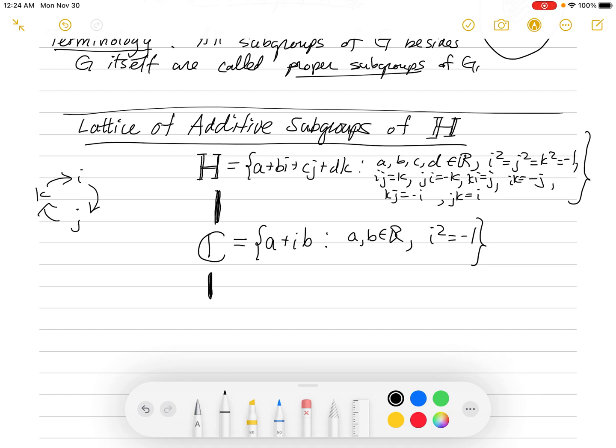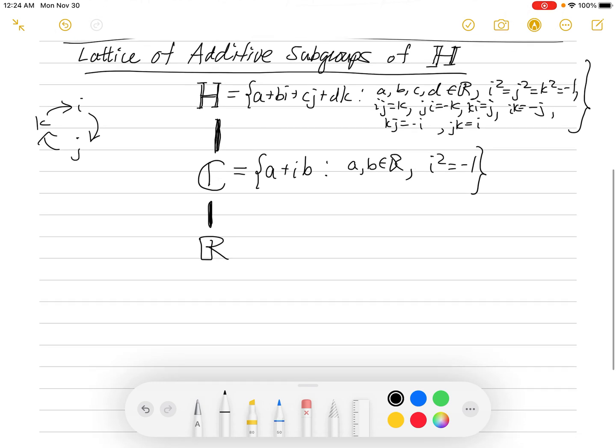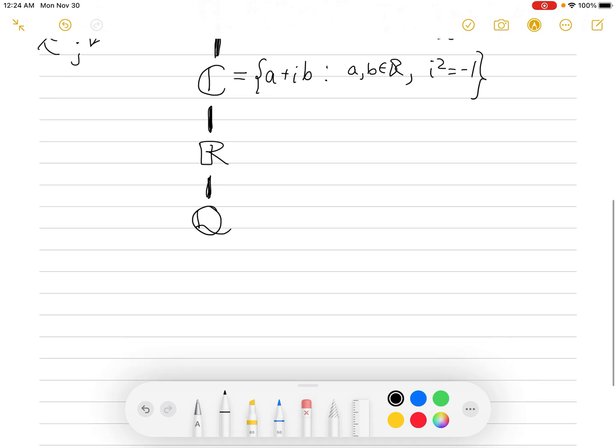So then beneath this, so these are additive groups here. Then we got the real numbers. And then a subgroup of the real numbers would be the rational numbers, right? Fractions. So fractions are always contained in the real numbers.